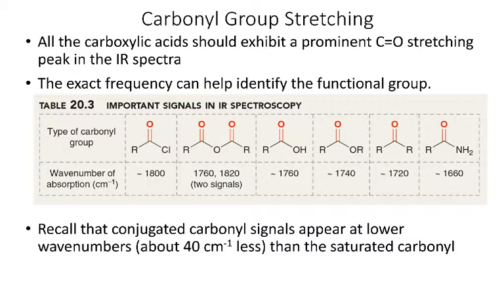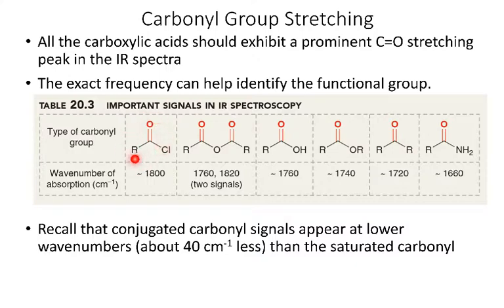But all of the carboxylic acid derivatives that we've seen in this chapter will have that carbonyl stretch. What's interesting is that the different carboxylic acid derivatives tend to have that stretch appear at slightly different frequencies, and in general, where that frequency appears correlates to the reactivity of the groups.